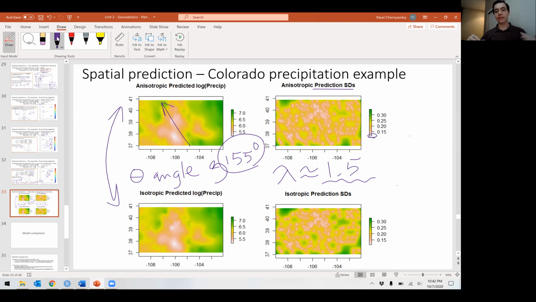At the location where we have a weather station, we have minimal uncertainty. As we get farther away, we approach our maximal uncertainty, which is just defined by the total variance, which happens out here and out there. As we get farther away from weather stations, we should say we have more uncertainty in our data. Okay.